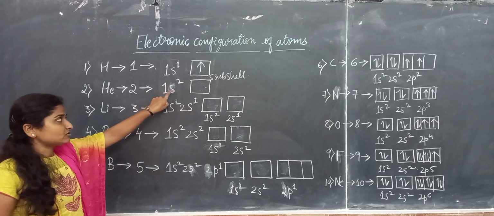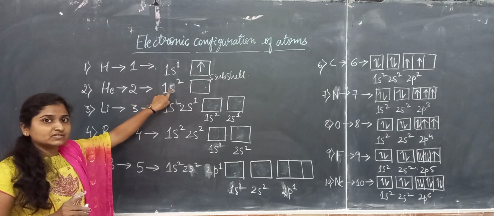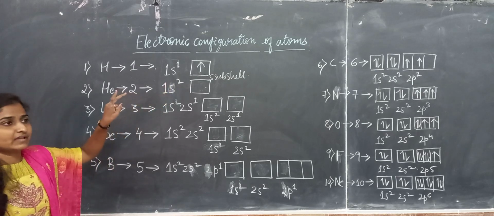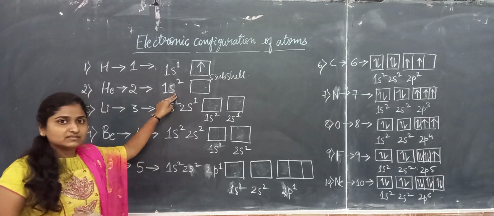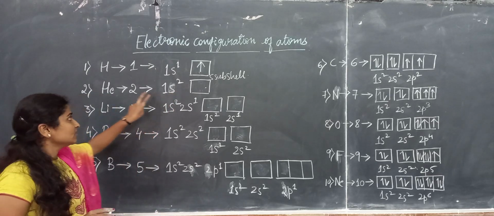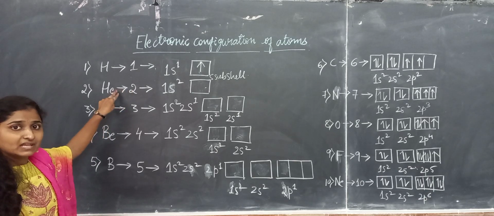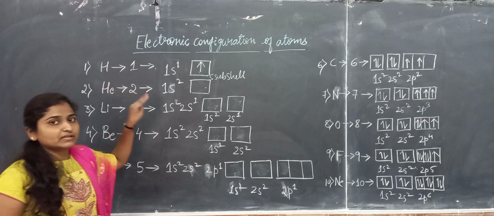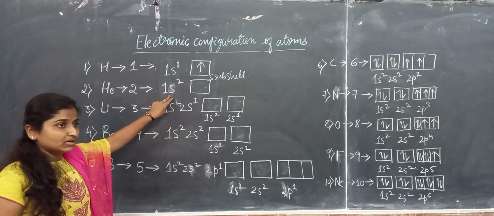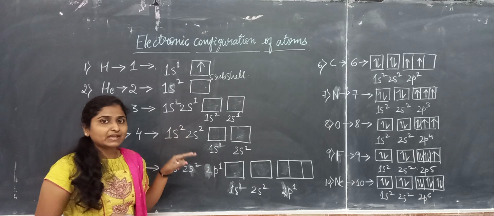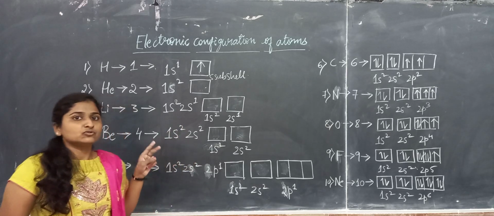The second electron also enters into the s subshell, because the s subshell can accommodate 2 electrons in its atomic orbital. Those 2 electrons will be entering into the s atomic orbital. Why? Because the s atomic orbital can accommodate 2 electrons. Its capacity is to accommodate 2 electrons.